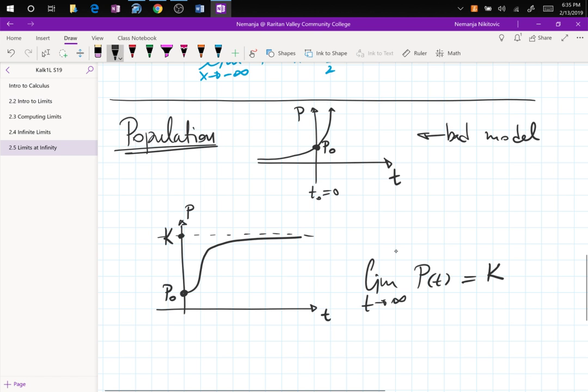Your battery is never 100% full, even though the screen shows 100% full. You always have some chemical that is not converted to the other that stores electricity. So that's one, battery charging, population, then what else can we do?